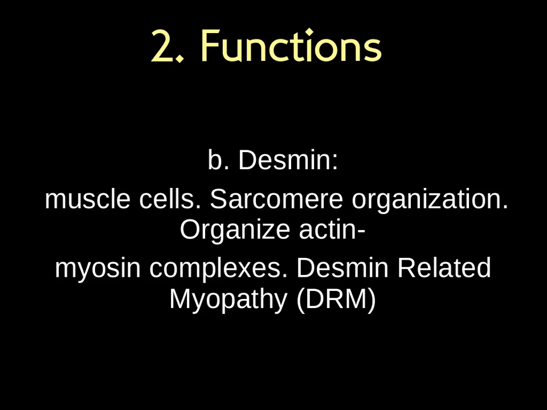Principally the contractile apparatus is myosin and actin microfilaments, and desmin organizes these actin-myosin complexes. There is a disease called desmin-related myopathy. I was going to talk a little about that, but I'm going to skip over it for time reasons, because if you looked at the syllabus lately, I'm about a week behind. I'm sorry.